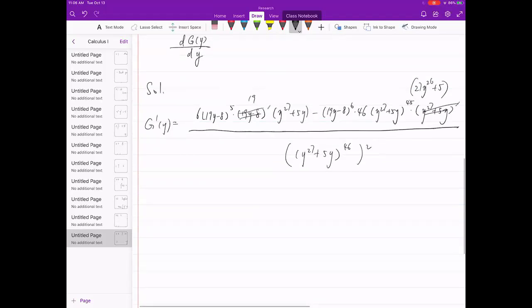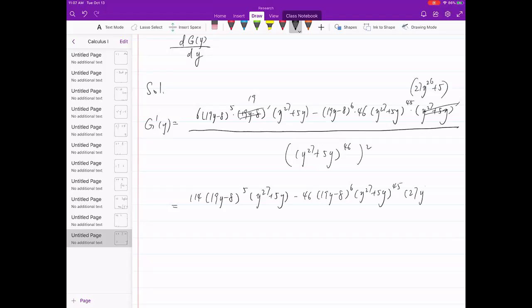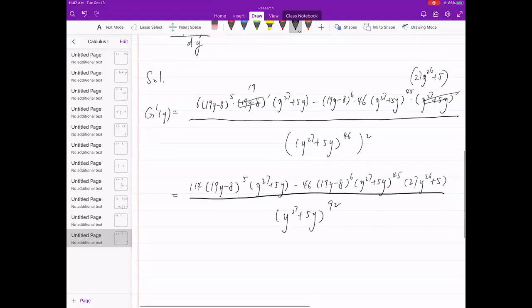Okay, the rest is just cleaning things up. That'll be how we finish the whole thing in terms of the quotient rule.